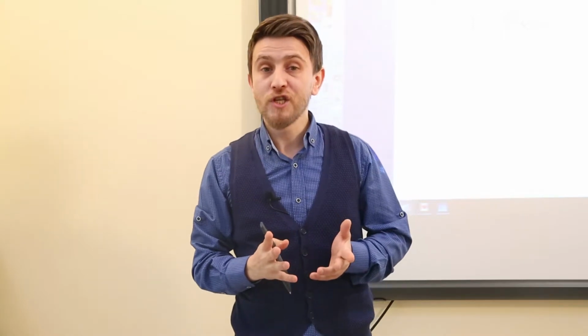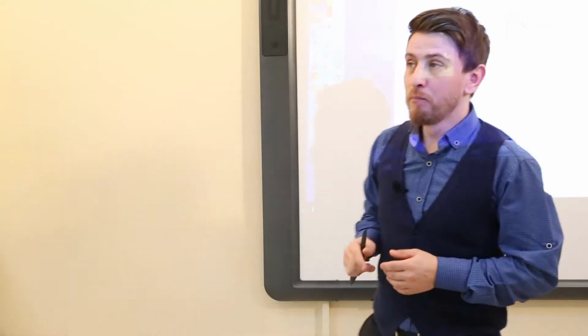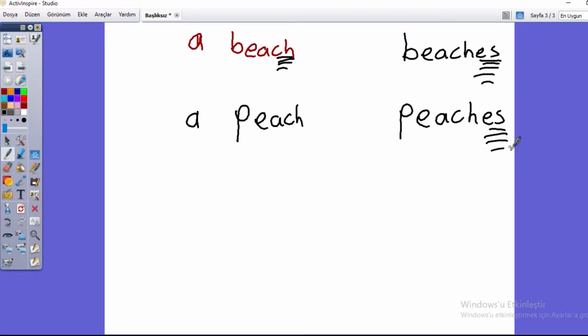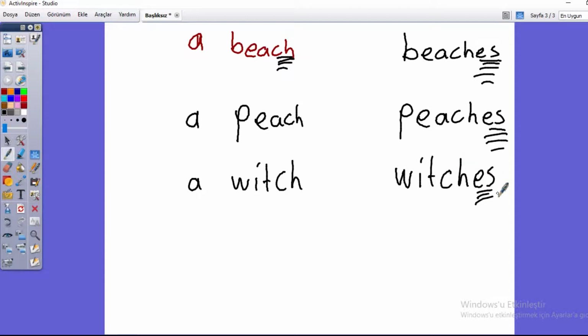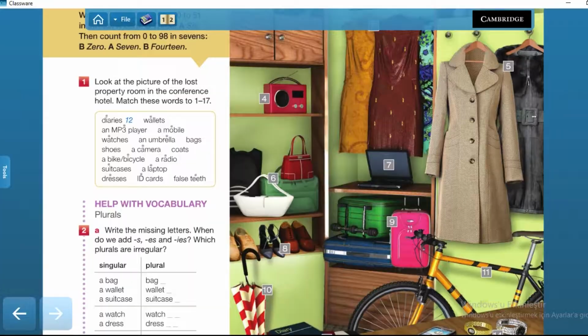A witch. Plural form becomes witches. So, for nouns ending with ch, we add es to make plural forms.